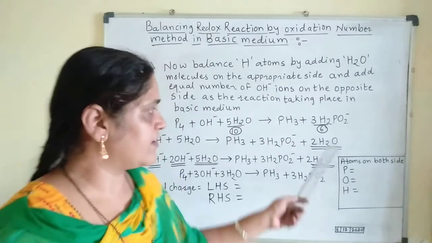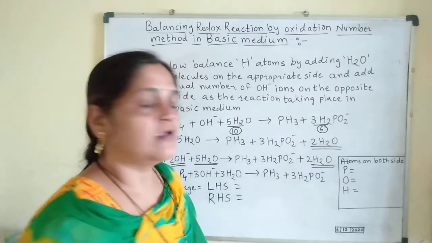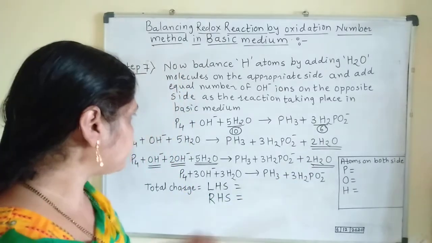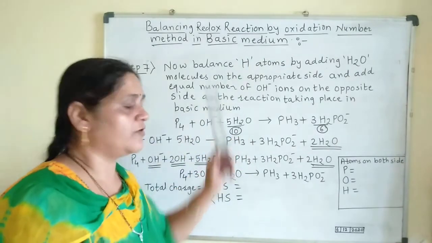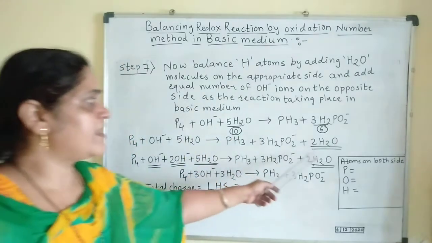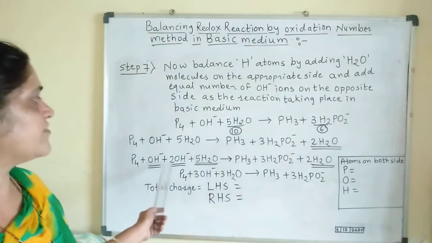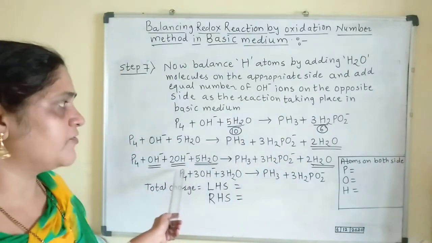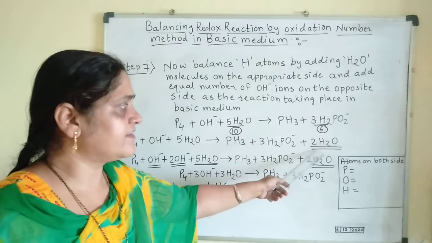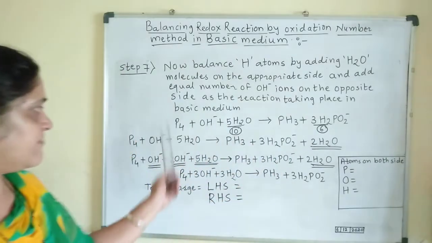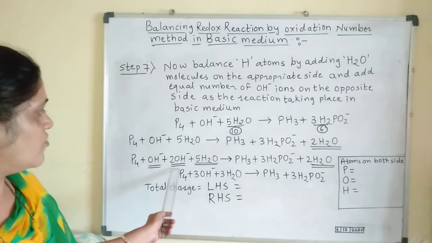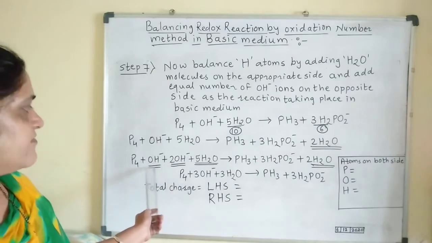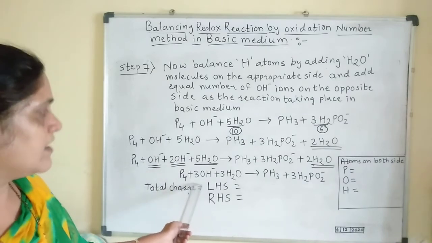In this way 4 hydrogen atoms are balanced along with the 2 water molecules. But the second thing is that we have to add equal number of OH minus ions. So as we have added 2 water molecules, 2 OH minus ions should be added to the opposite side. So right hand side contains 2 water molecules, then left hand side we have to add 2 OH minus ions. Now this 2 OH minus plus this OH minus will total become 3 OH minus.